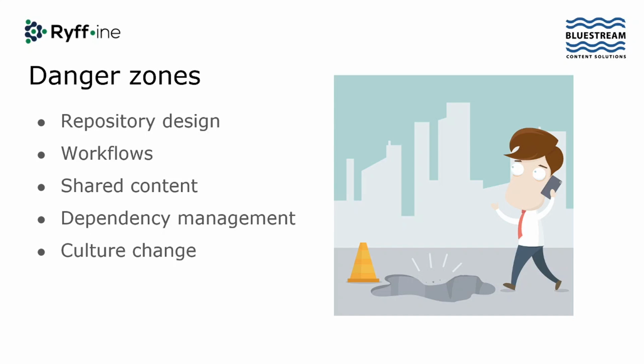Okay. So in order to do that, I would say there are five major danger zones that we're going to have to be careful of if we're going to build our own infrastructure. It could really sink us. Repository design, our workflows, sharing content, dependency and link management, and the change management, the culture change.